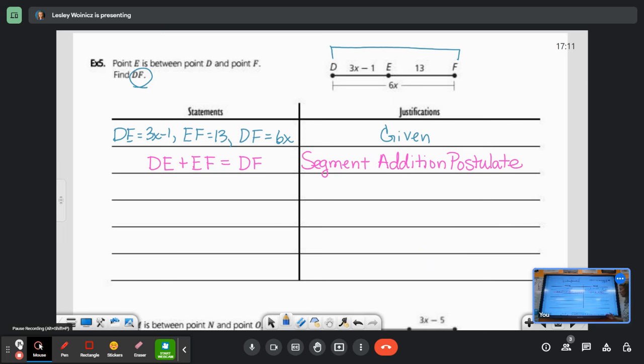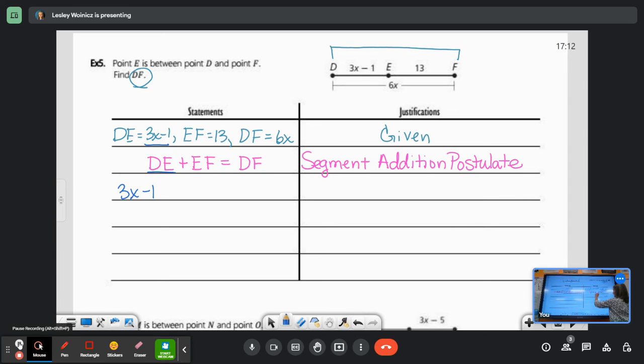Okay, now it's not going to do me any good to solve this equation because there's too many different letters in it. But if I can plug a bunch of other things in there that all have the same one variable, then I can solve that equation for that variable. So that's what I'm going to do. I'm going to get everything in terms of x by using substitution. So for DE, I'm going to put this, 3x minus 1.